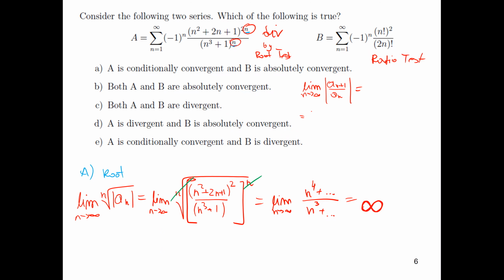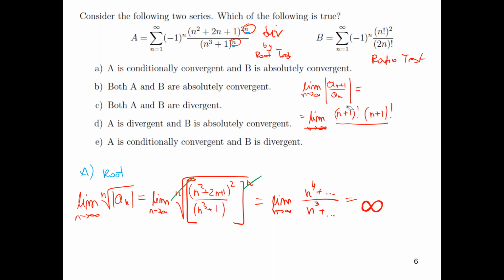And let's create that limit. Limit at infinity. This will be (n plus 1) factorial, and it's squared. Okay, (n plus 1) factorial over (2n) factorial.